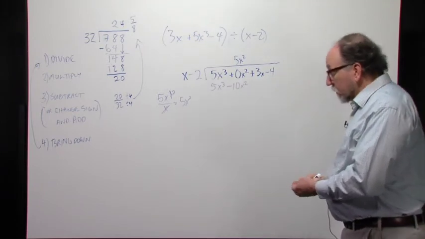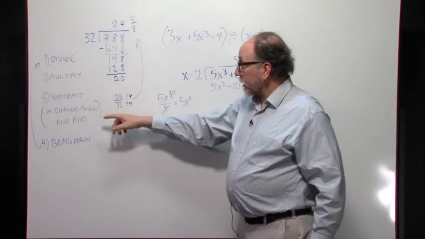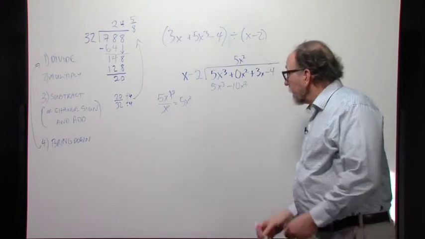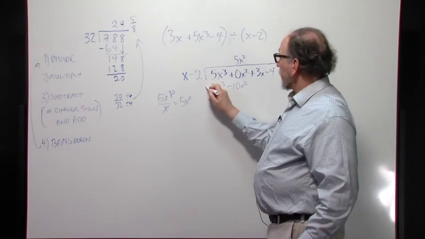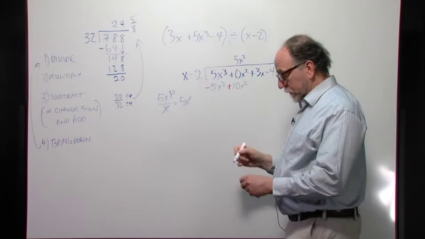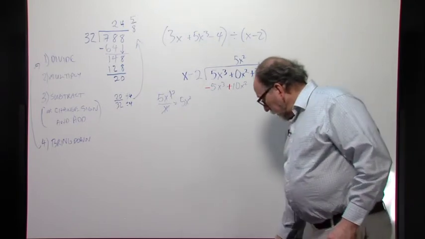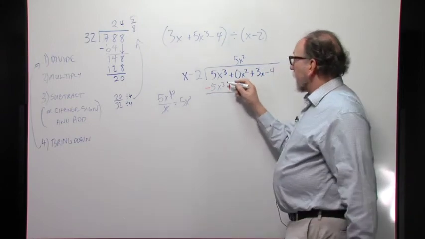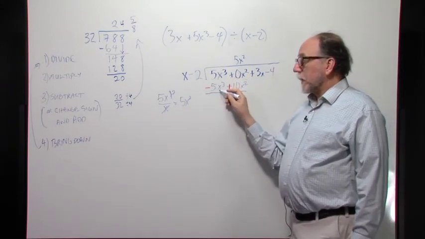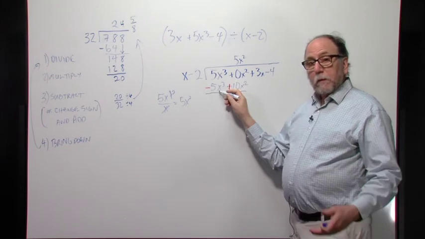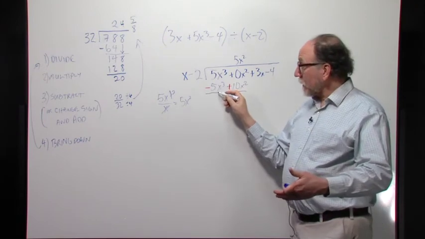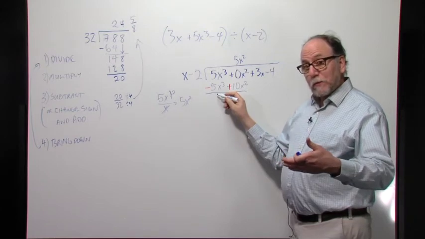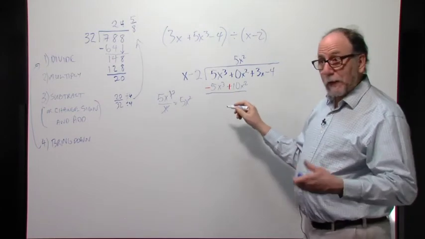Okay, now we're going to do the third step, which is subtract. With polynomials, we're going to change the sign and add. So we change these signs. This becomes negative. This becomes positive. And we add those two together. When we add 5x cubed and negative 5x cubed, they're going to cancel out. That's not a good way to think about it. Let's call it subtract to 0, or add. These terms are adding to 0.